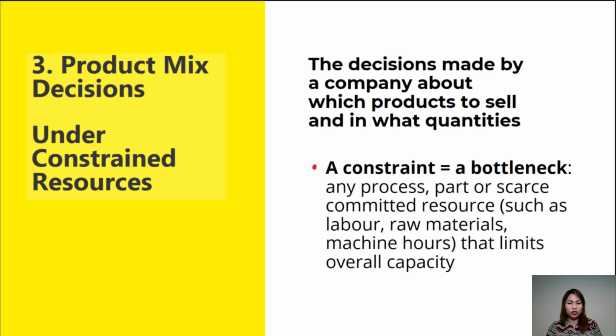In short, a constraint, or sometimes we call it a bottleneck, can refer to any process, part, or scarce committed resource that limits the overall capacity of the company. Decisions for the company under constrained resources need to include relevant costs.